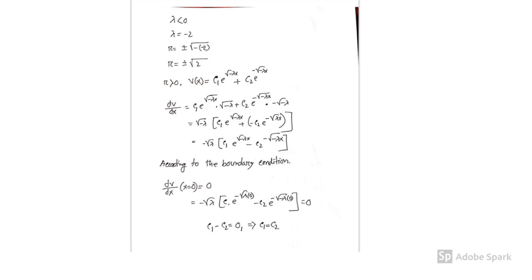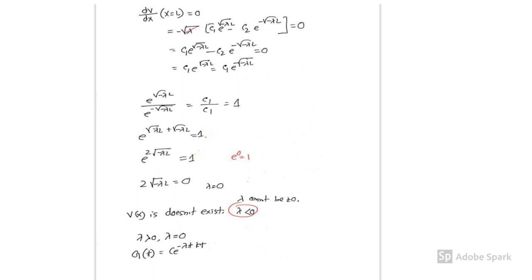So V(x) equals C1 e power root over minus lambda x plus C2 e power minus root over minus lambda x. So according to the boundary condition, we get C1 minus C2 equals 0, and so C1 equals C2. So okay, then dV/dx at x = L equals 0.